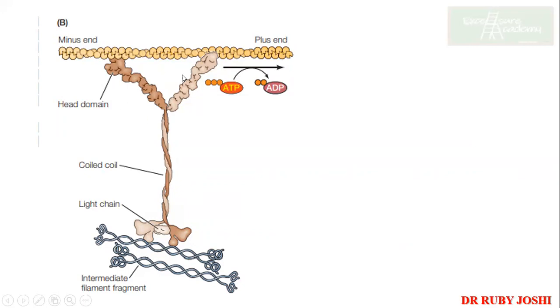Again, the head domain is present. This actually moves like how we walk, right? Left and right, left and right. In the same way, even these motor proteins walk. Then they are coiled, they have the light chain, and the tail portion is interacting with the intermediate filament. Now, why intermediate filament? Because these filaments are required at the plasma membrane periphery. So they are taking these intermediate filaments towards the end.